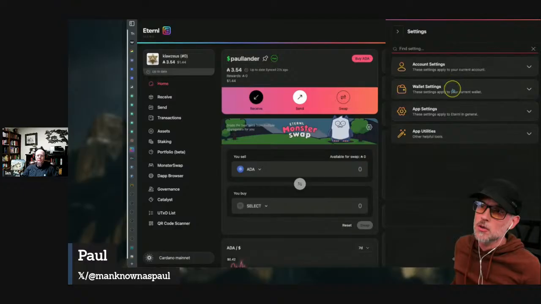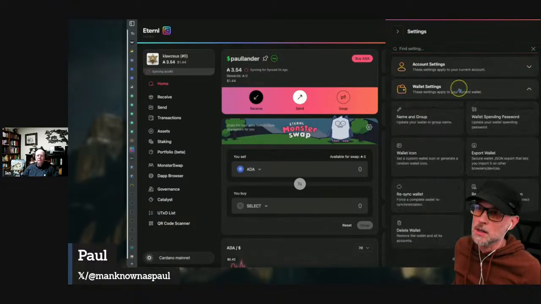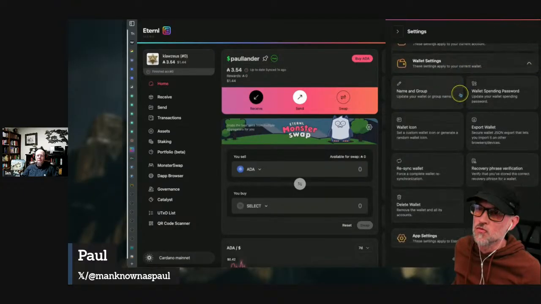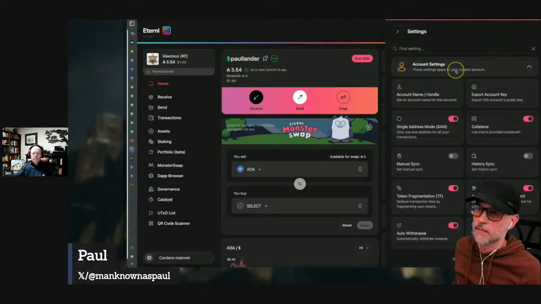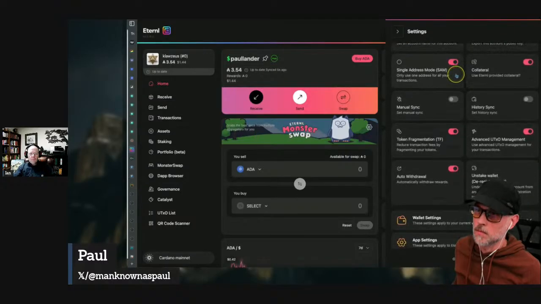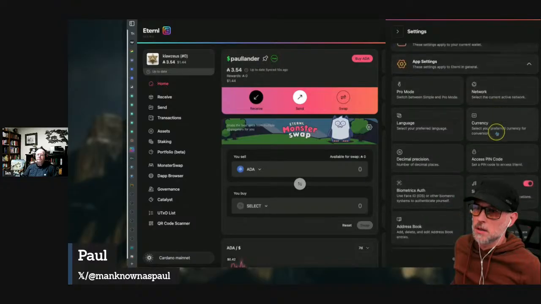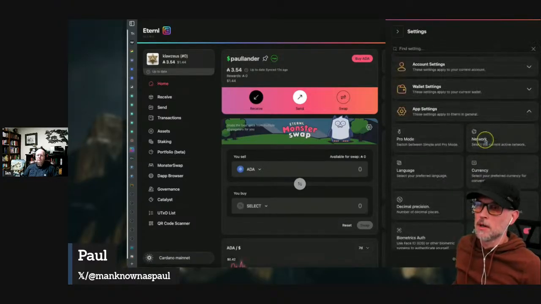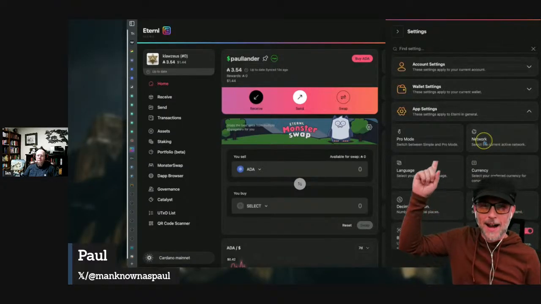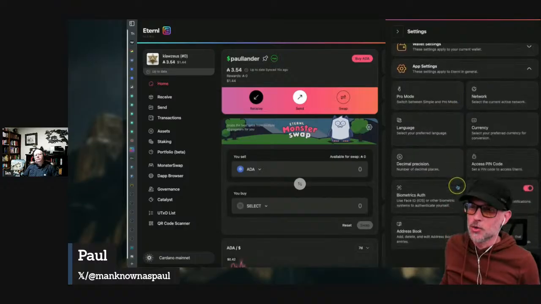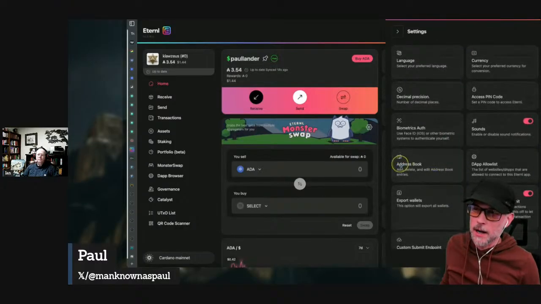If you go into, I think it's wallet settings, or app settings, maybe. Address book, there it is. Under app settings, you scroll down a bit, and there's the address book.